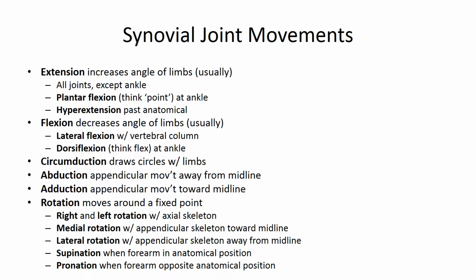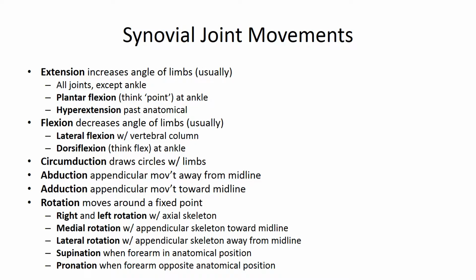Plantar flexion is a type of movement that is the opposite to dorsiflexion, mentioned later, where you extend the ankle and elevate the heel, like when you point your toes.